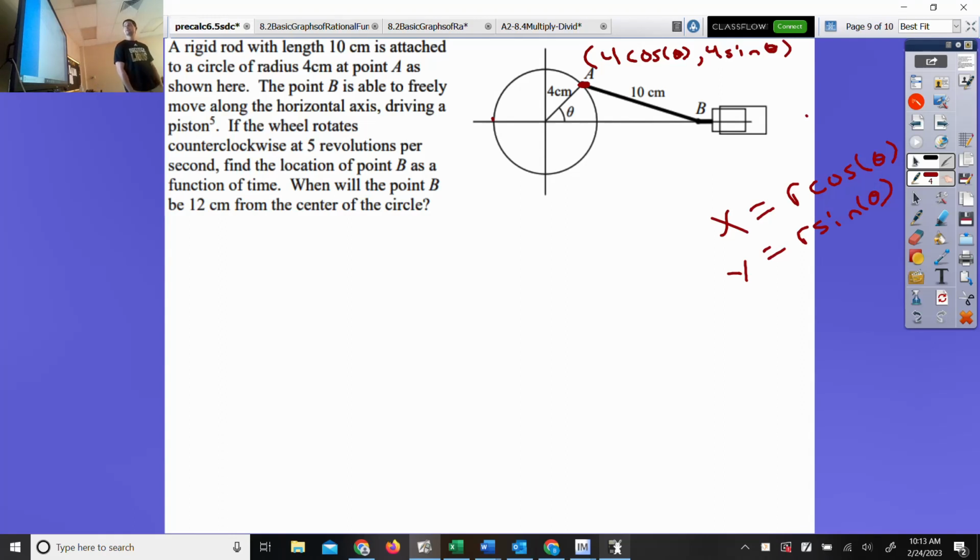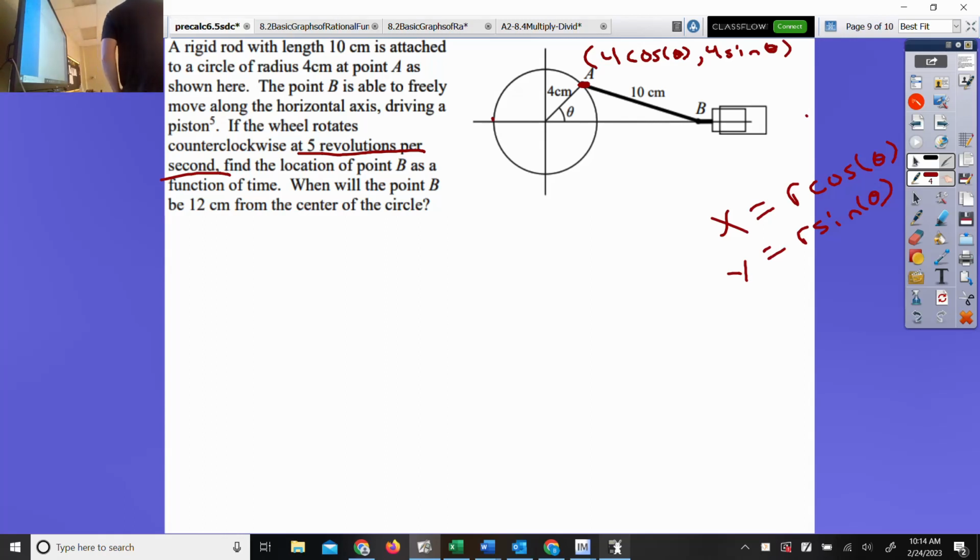Well, what else do we want to know? The wheel rotates counterclockwise at 5 revolutions per second. That's pretty important information. You know its period. You rotate 5 revolutions per second.